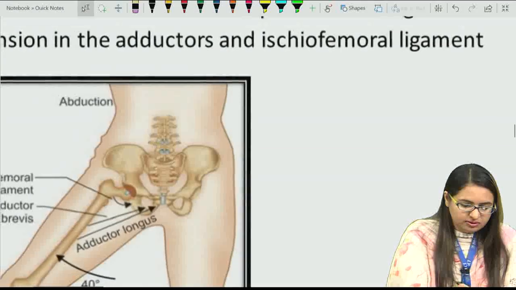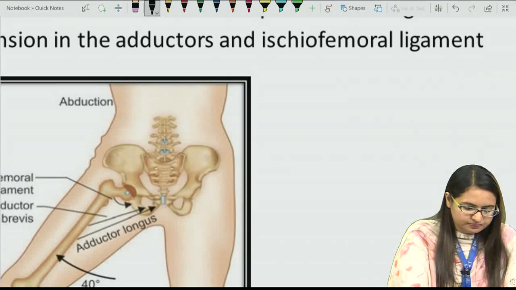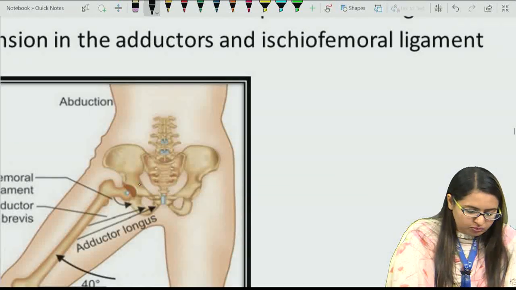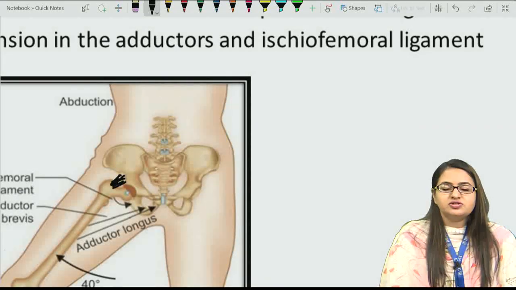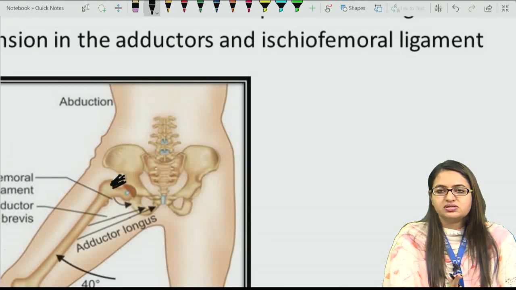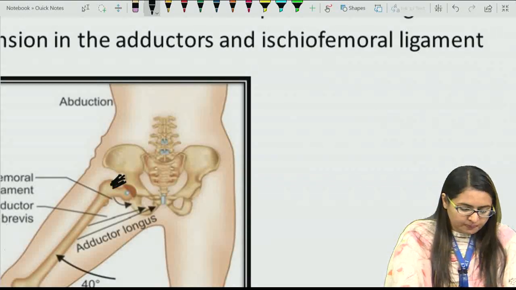If we see this picture, the iliofemoral ligament begins from the portion below the anterior inferior iliac spine and goes towards the femur. It is a Y-shaped ligament, it prevents hyperextension of the hip joint, and it is the strongest ligament of the body.